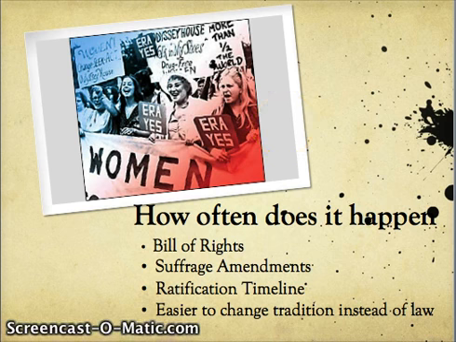Now, women tried, beginning during the Progressive Era, in the 1910s and 1920s, there was a push to get an Equal Rights Amendment added in addition to a women's suffrage amendment. Basically, equal rights would do what the 14th Amendment does for race, provide equal protection for people regardless of their race, ethnicity.